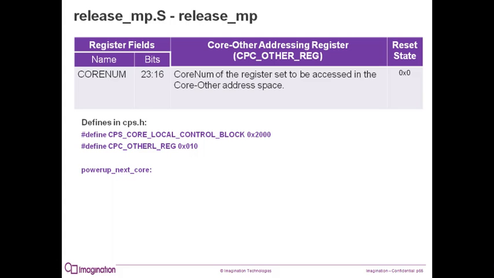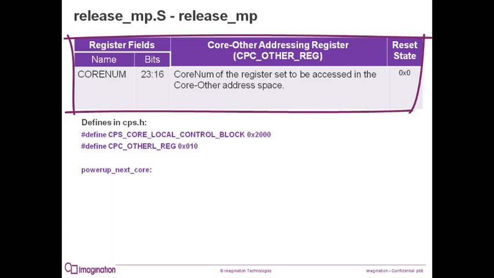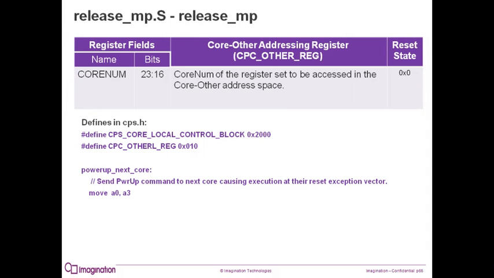The core will send the power-up signal to each other core in the system. The code will use the cluster power controller to do this. The code needs to place the number of whatever core it wants to power up into the core other addressing register. To do this, the code moves the number of the core it wants to power up into A0.